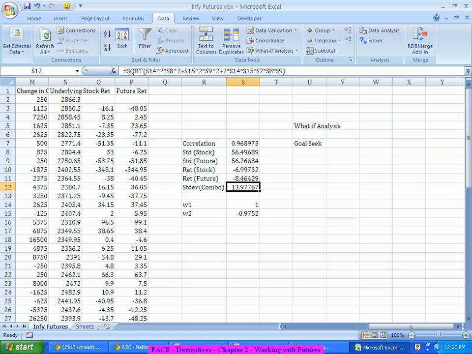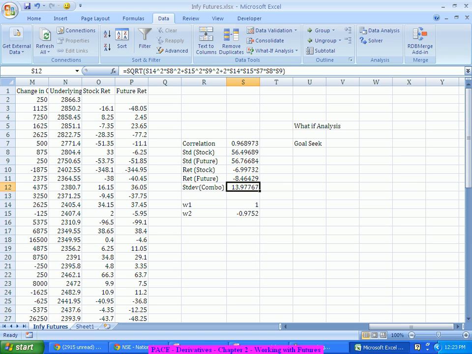If you sell 97 future contracts here and buy 100 shares, your risk will be the minimum possible in this combination, but it cannot go to 0 with this combination in any case. The risk cannot go to 0 in your case, but at least it can come down to 13.97.